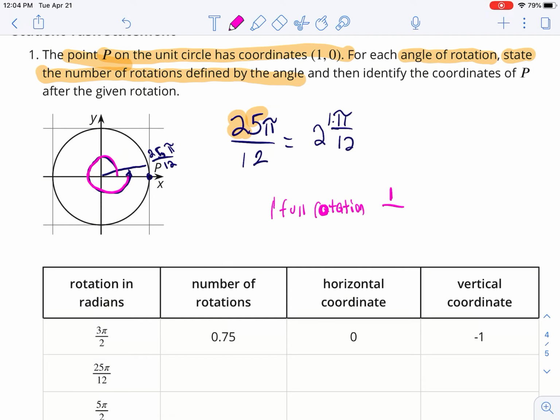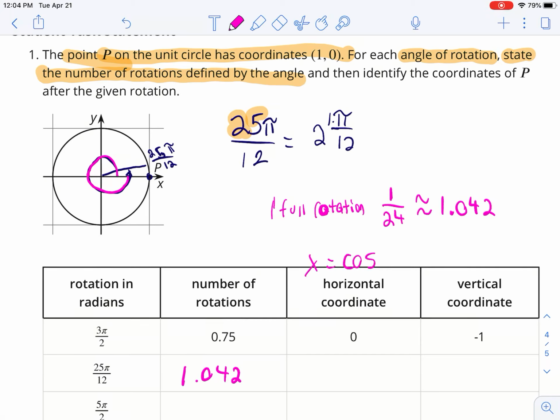So in 1 full rotation, we're going to break this up into 24ths. So we have 1 full rotation and 1/24th. If we divide 1 by 24, we find that we get approximately 1.042 rotations.